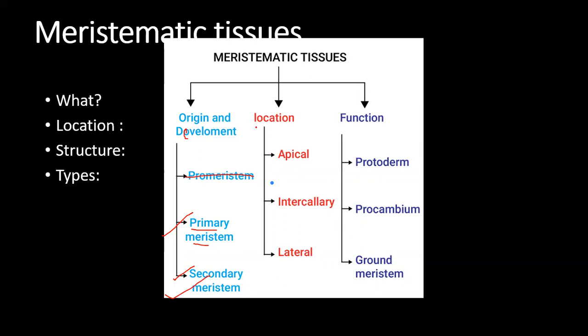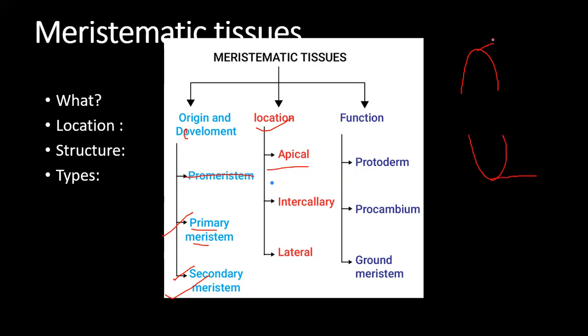Next, a very important one, based on their location, whether the meristematic tissues are present at the apical, in between, or at the lateral position. There are three different types. If the meristematic tissues are present at the apical region of the shoot or at the tip of the root, then we call it apical meristem.